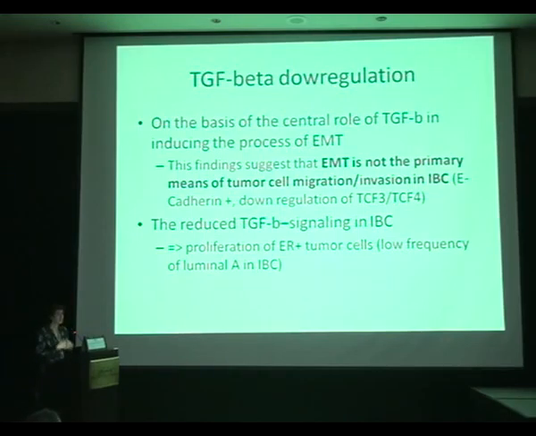And also, the downregulation of TGF-beta is the reason why we have less luminal A tumors, because usually TGF-beta is pushing the proliferation of ER-positive cells. So we can explain the profile and maybe the carcinogenesis of inflammatory breast cancer in part with TGF-beta downregulation.